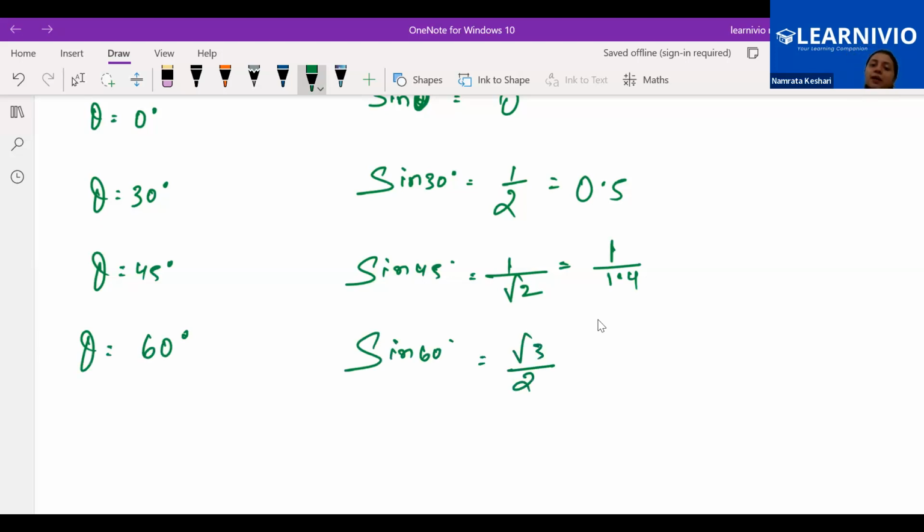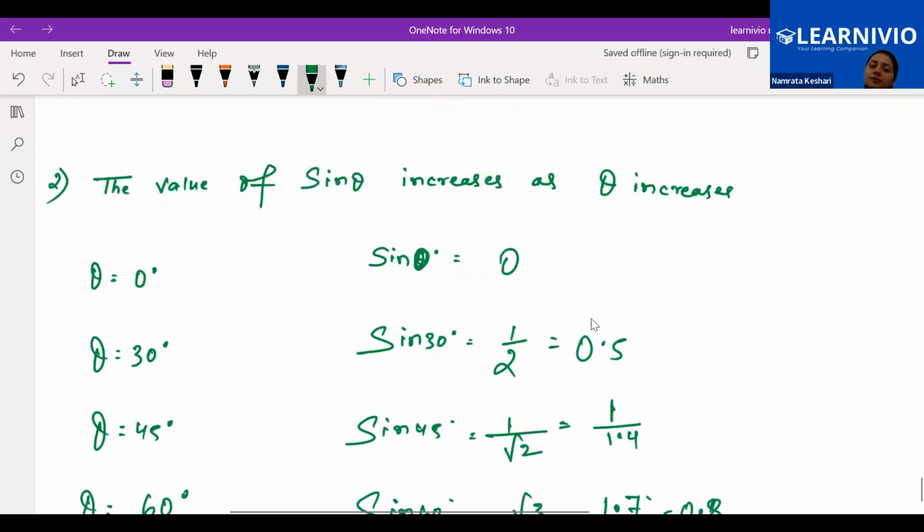Root 3 means 1.7 only, and by 2 you will be getting 0.8 something, yes or no? Now theta is 90 degree and sine 90 is 1.